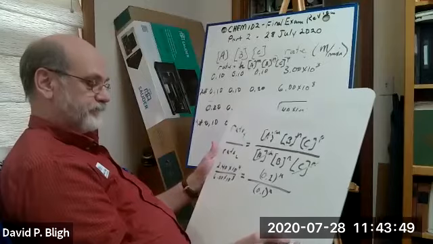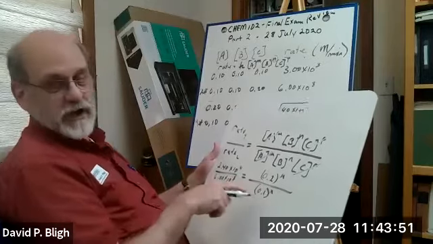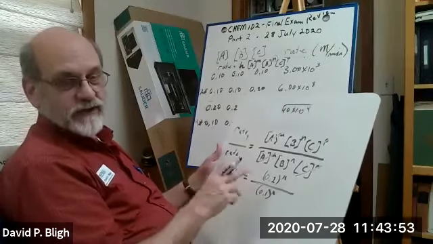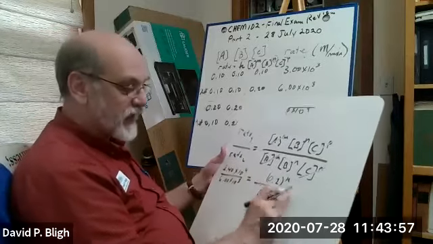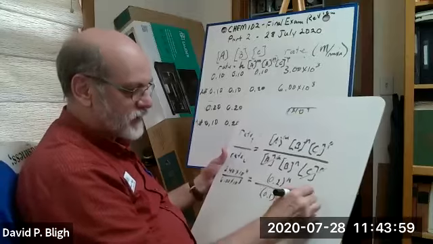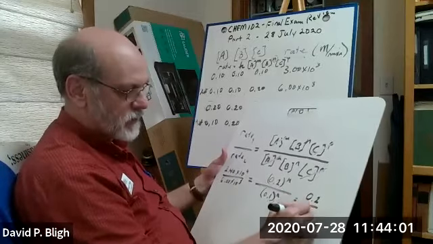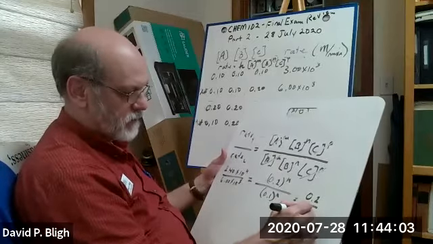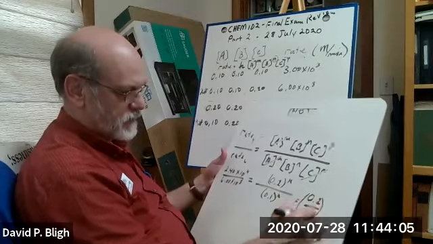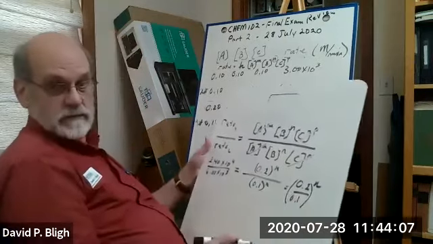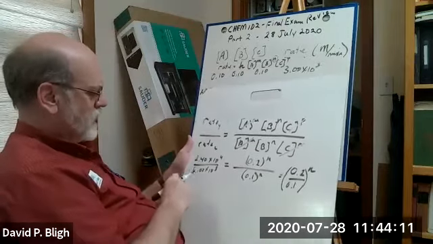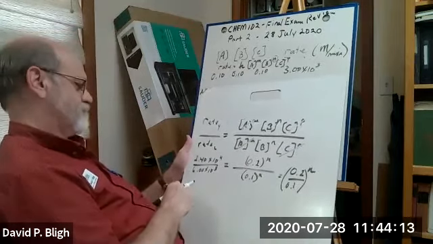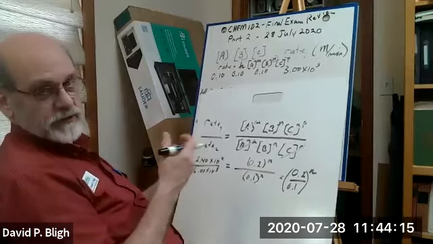Okay. Now, what's this expression? If you divide two numbers and both of them are to the same power, it's the same thing as the division to that power. Okay? So what do we get here? Well, let's see. Should be able to do this in my head.